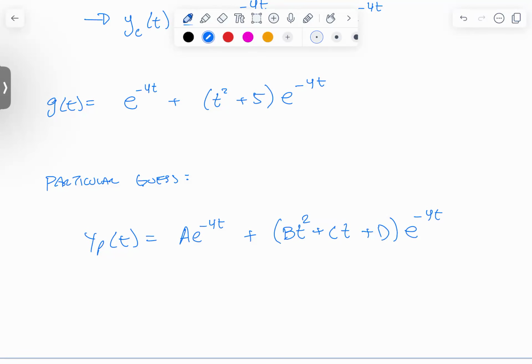C1 and A. Okay, nothing to do with C1 at the moment. Look at this: D e to the 4t, A e to the 4t. This got double counted, which means all we have to do is just cut that away.